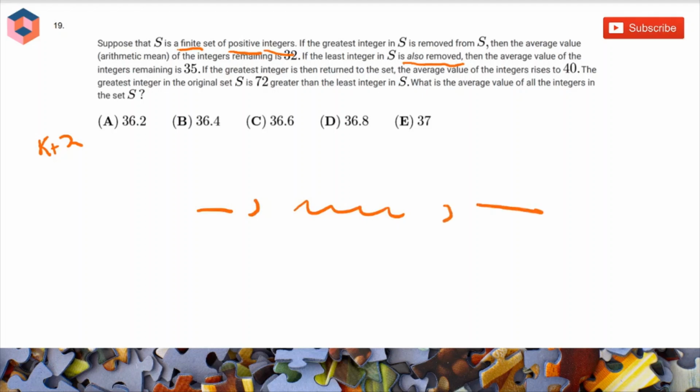In the middle, since the mean is 35 when we remove both the least and the greatest, and there's k numbers here because k plus 2 minus 2 equals k, the sum of these numbers is 35k. So now we have that, let's call this number z for now. We have that z plus 35k, so this is when the greatest integer is removed, over k plus 1 is equal to, they tell us, 32.